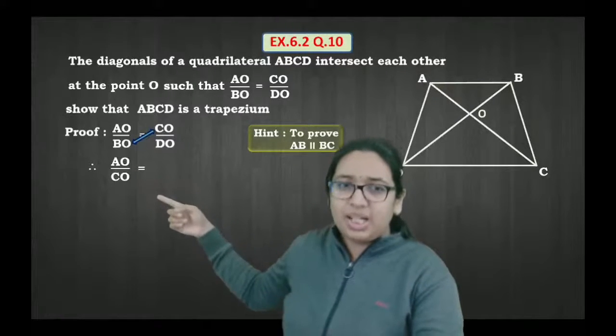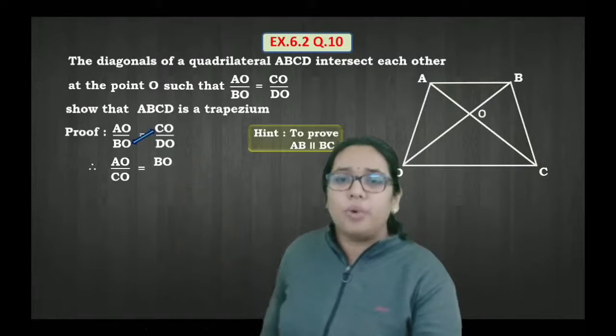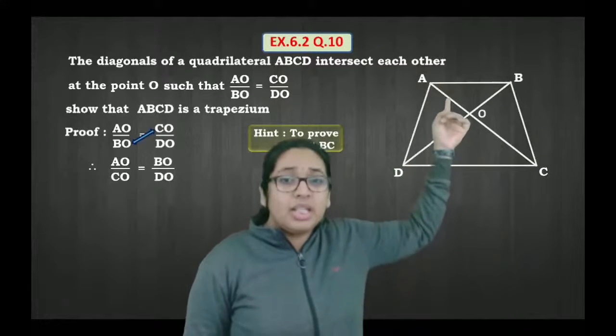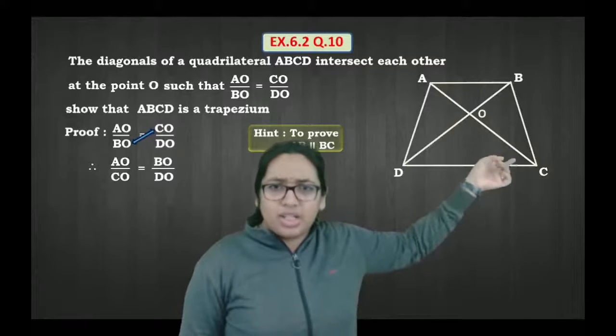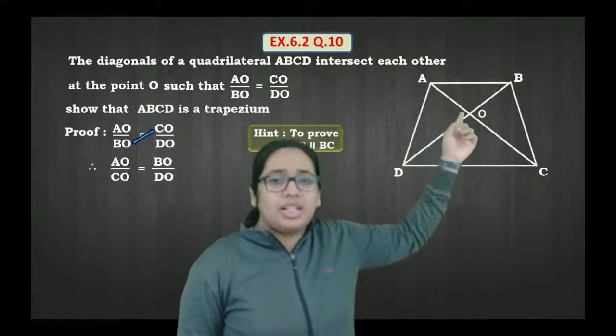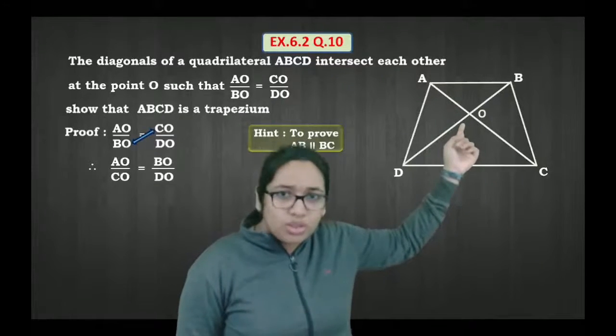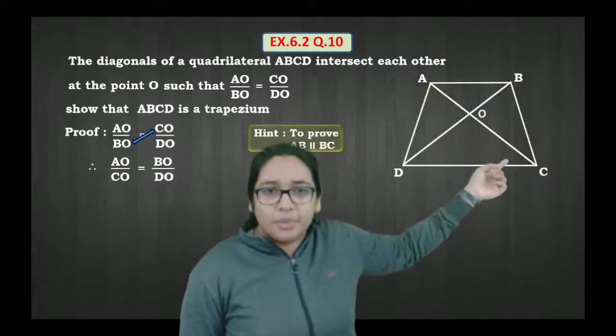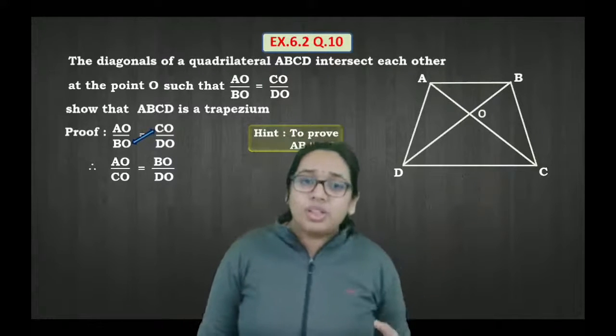It's same as BO upon DO. ऐसे हमने क्यों लिखा? You can say here AC is a diagonal, right? So we can say that there is a point O somewhere in between A and C. ऐसा ही क्यों किया?